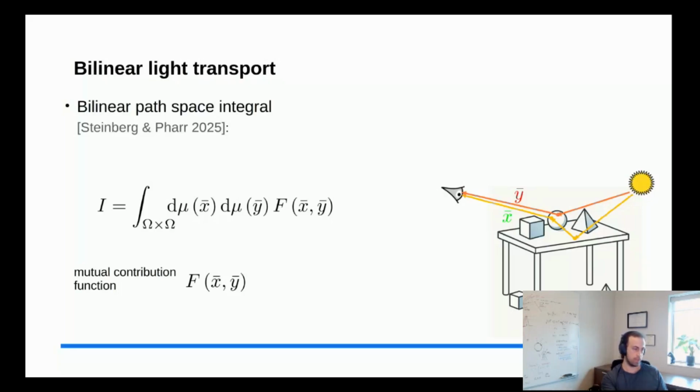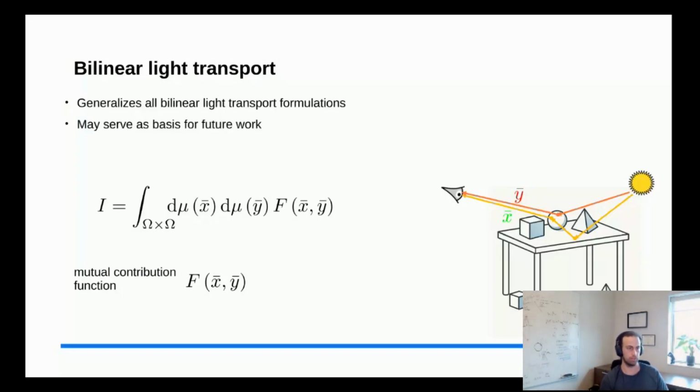How the capital F, the mutual contribution function, would look depends on the formalism, but it is not very interesting to look into the details. What's important is that every pair of paths can interfere, and this path space formulation does generalize, it encompasses pretty much all bilinear frameworks, all possible frameworks that do this kind of light transport.